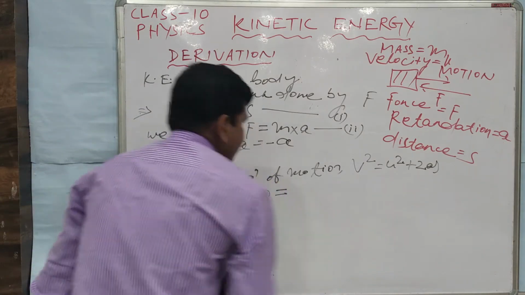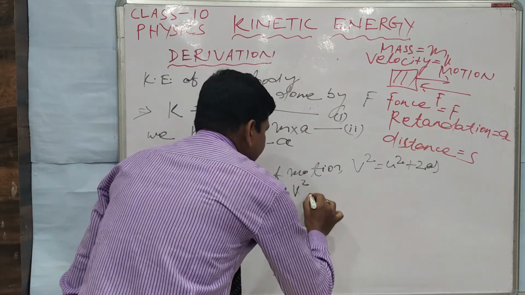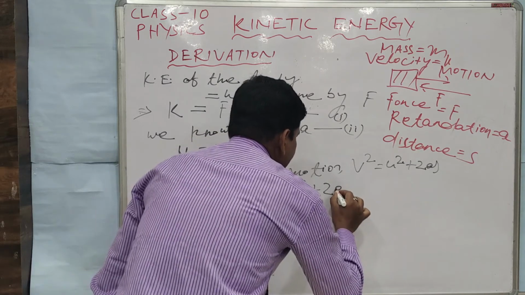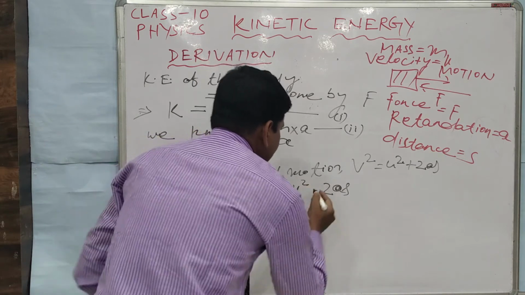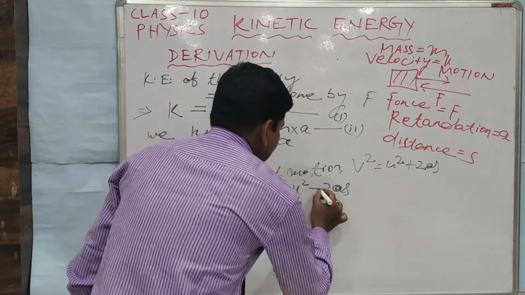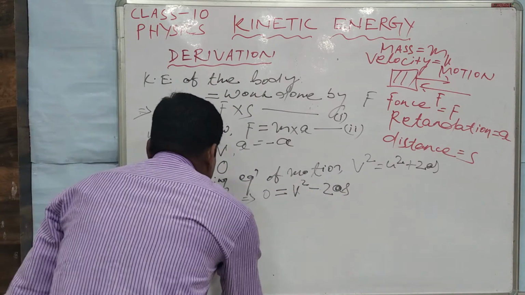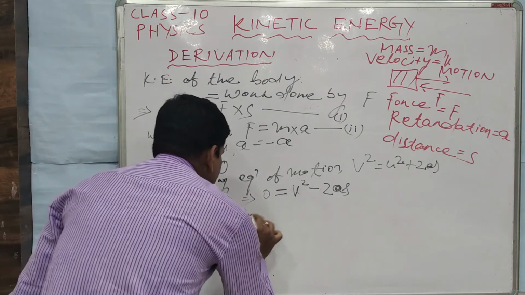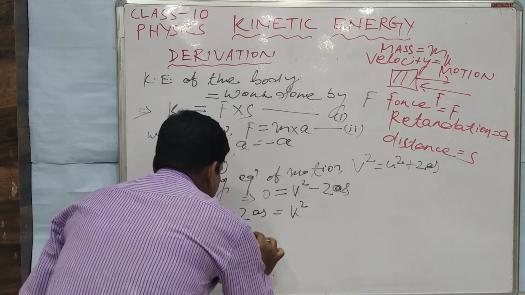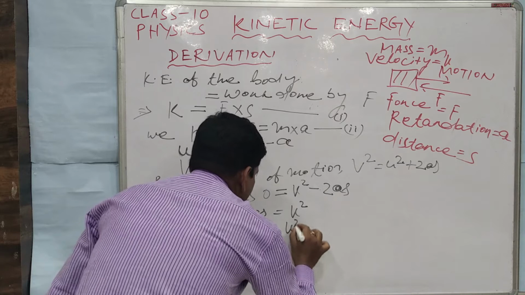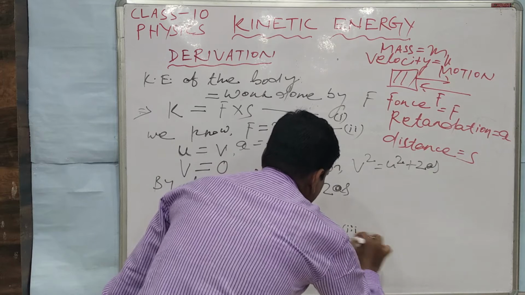So 0 is equal to u, given as v, so v square plus 2as. Since it is the retardation, therefore it will become minus 2as. The minus is for retardation, it is not acceleration. Therefore, we can now write 2as is equal to v square. That implies s is equal to v square divided by 2a. This is your equation number 3.